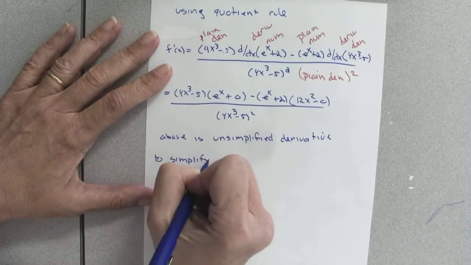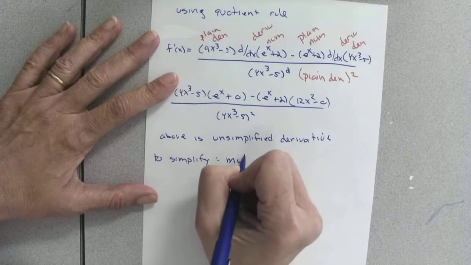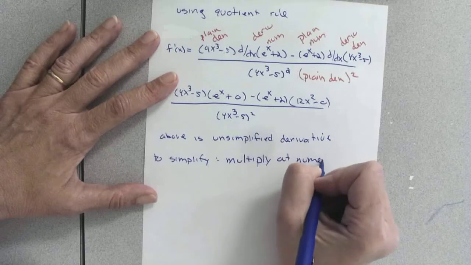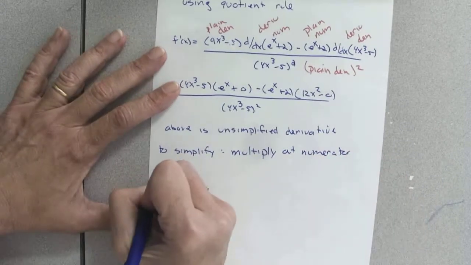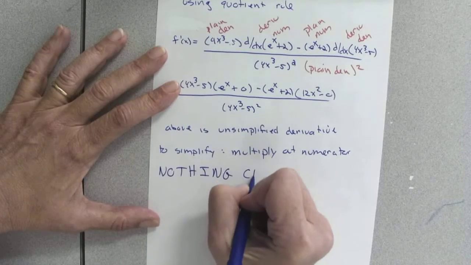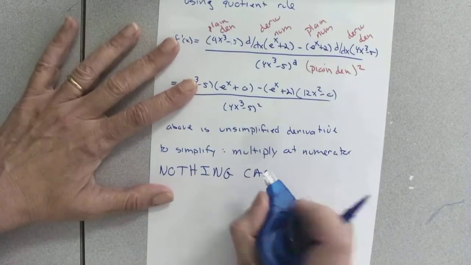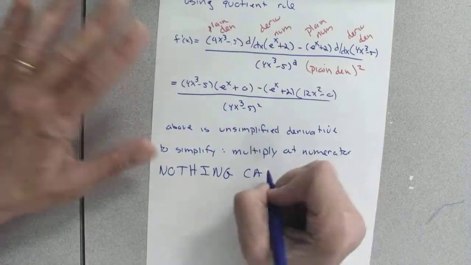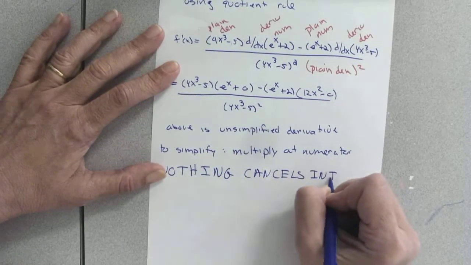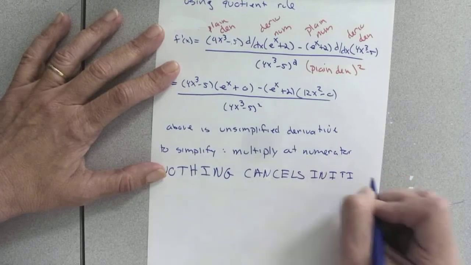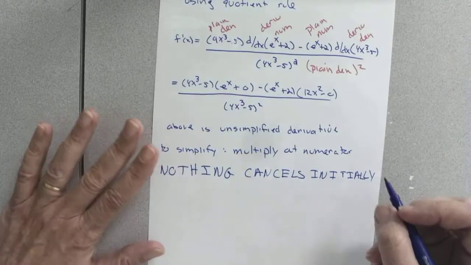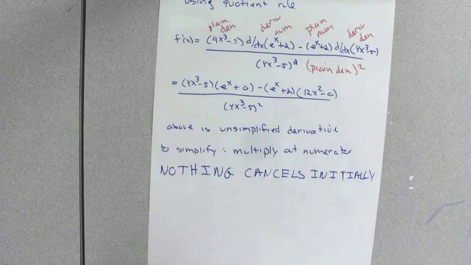To simplify, multiply out the numerator.